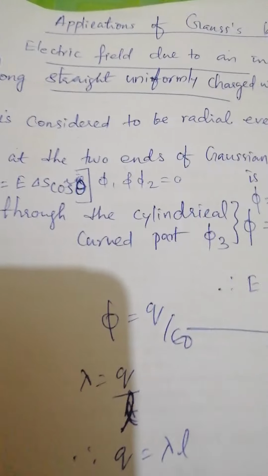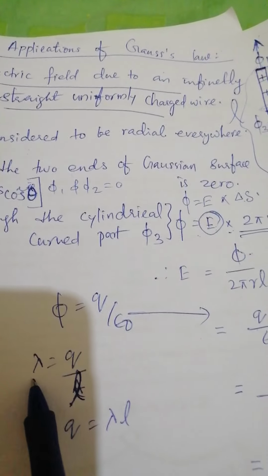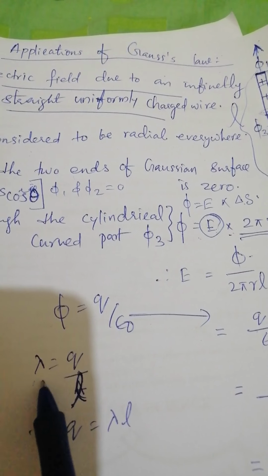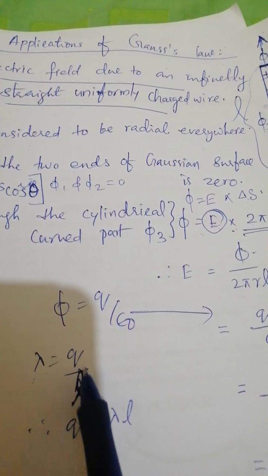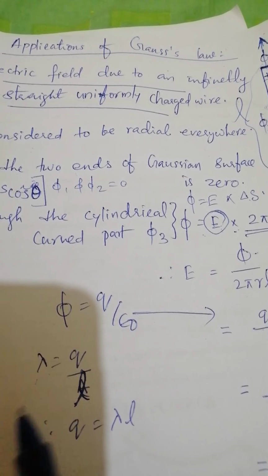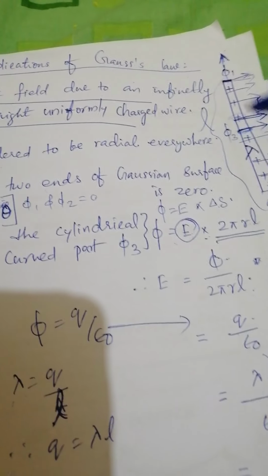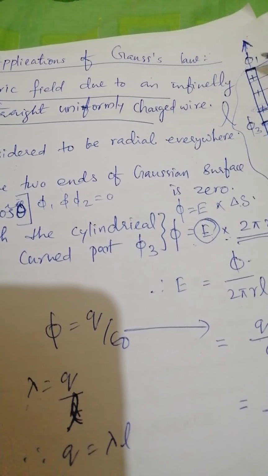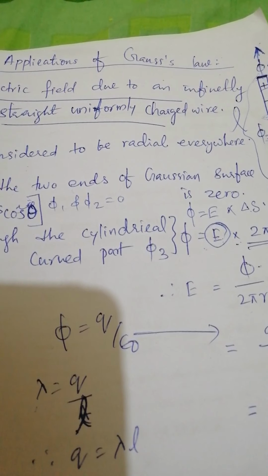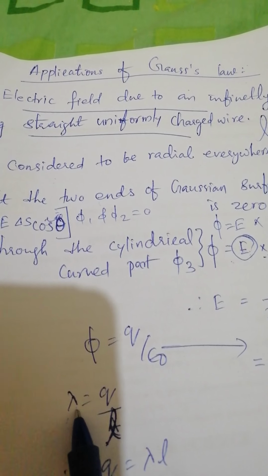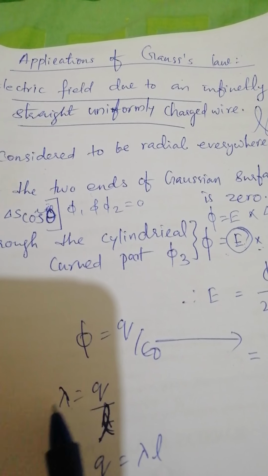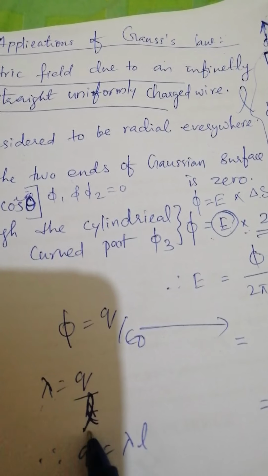We know that the linear charge density lambda is equal to Q by L. Before we discussed that for an infinitely long wire, the linear charge density lambda is equal to Q by the length of the wire.